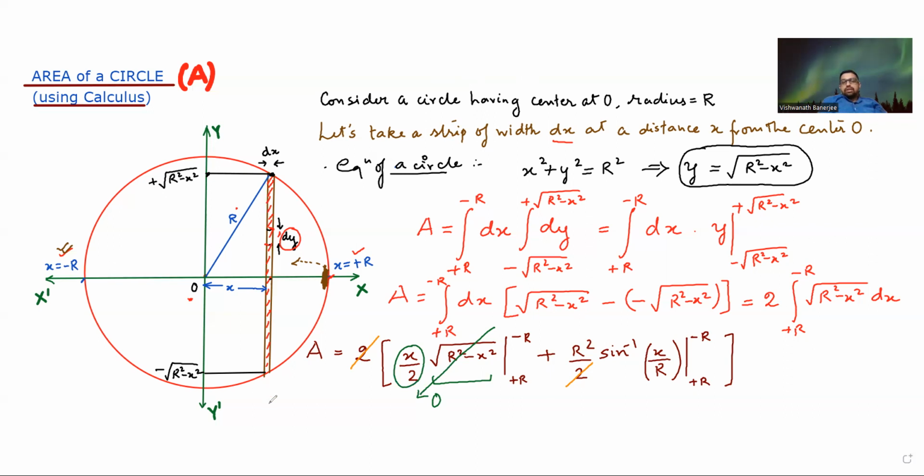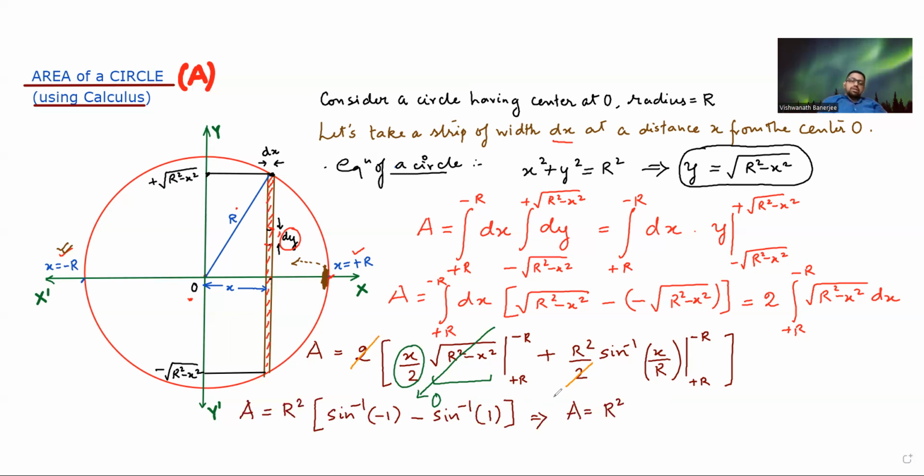And now we are left with A is equal to r square sine inverse. If you put minus r in place of x, you get sine inverse minus 1. Then minus, you have put the upper limit, now the lower limit. Sine inverse, in place of x you put plus r, you get sine inverse 1. So this is r square.